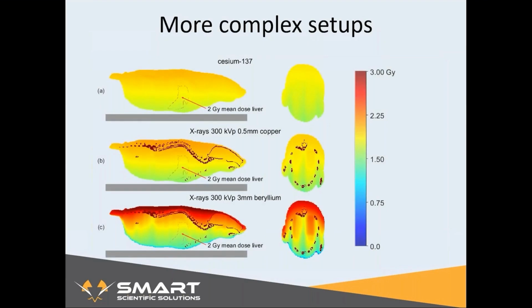But your setup probably does not look like a simple block of water. So a more realistic setup would be, for example, a mouse. Here you can see the same spectra being used on a mouse. On the top, you can see the Caesium 137, and you can still see a homogeneous phantom.